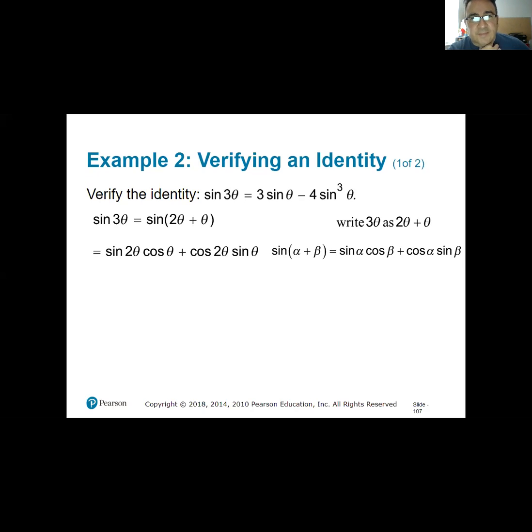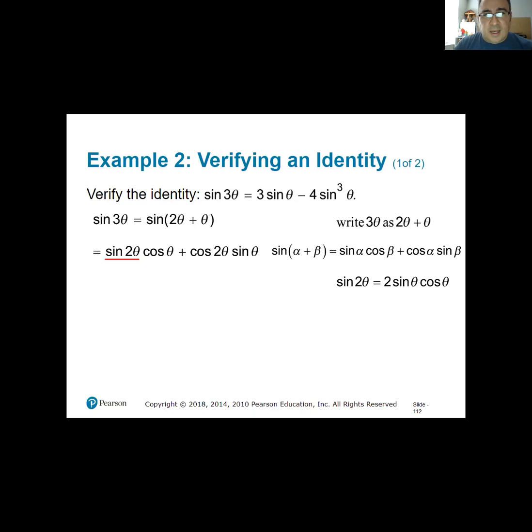Looking a little better, because I know something about sine of 2 theta, don't I? What is sine of 2 theta? It's 2 sine theta cosine theta. Good job.